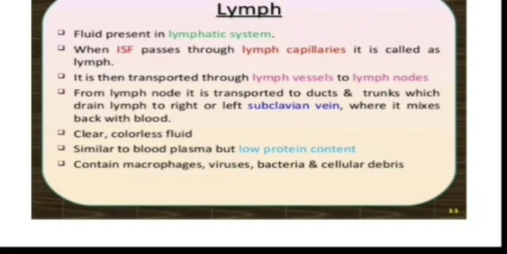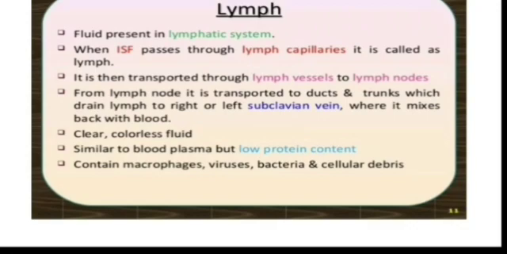When the fluid is in the interstitial space, it is known as interstitial fluid, but when it crosses the lymph capillaries, it is called lymph. Then it is transported through lymph vessels and lymph nodes to the ducts and trunks, which drain the lymph to the right or left subclavian vein, where it mixes back into the blood.